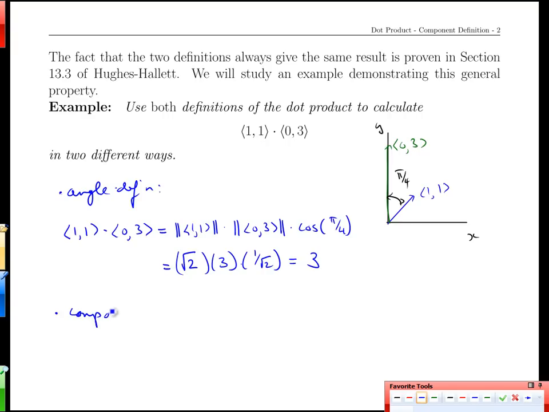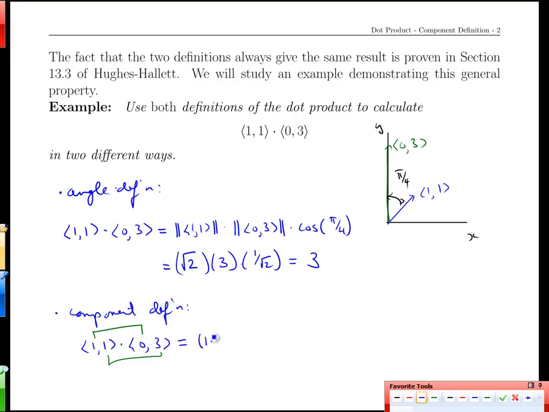Now what about this new definition with the components? So if we take a look at our component definition, we're going to have 1, 1 dotted with 0, 3, and again that system is to take the first component of each and multiply them, and then the second component of each and multiply them and add those resulting products.